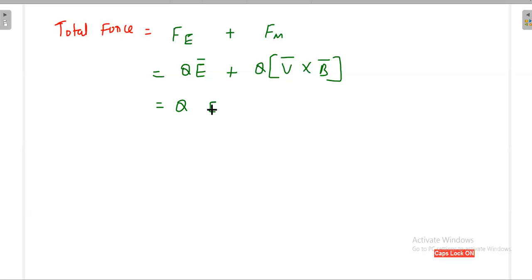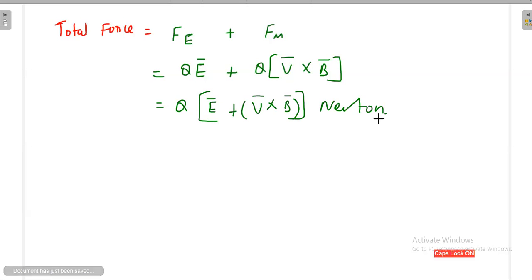Next, this can be rewritten like this: Q, you can take as common, V cross B. Force means Newton. Something you should note down here: the electric force is independent of velocity, because in case of electrostatics the charge will not move actually.